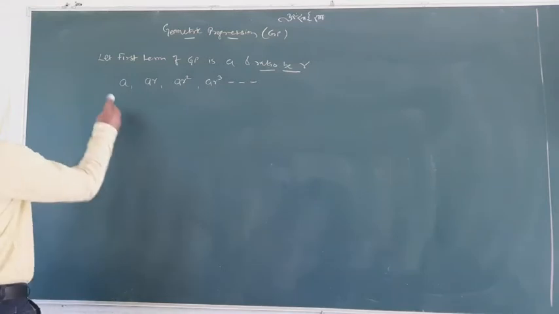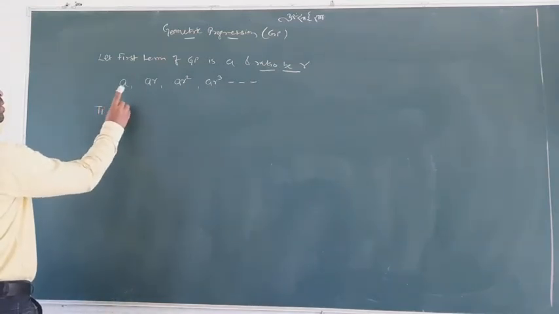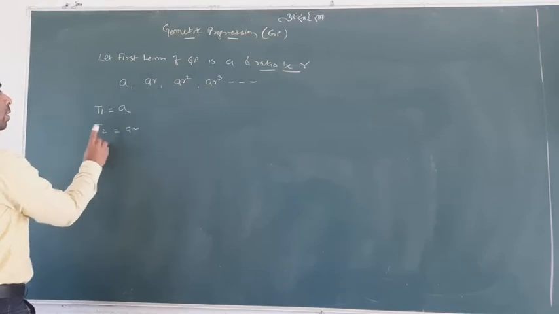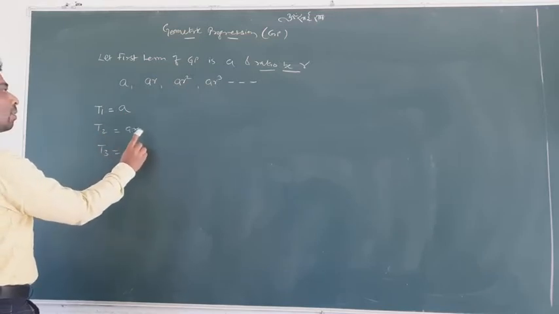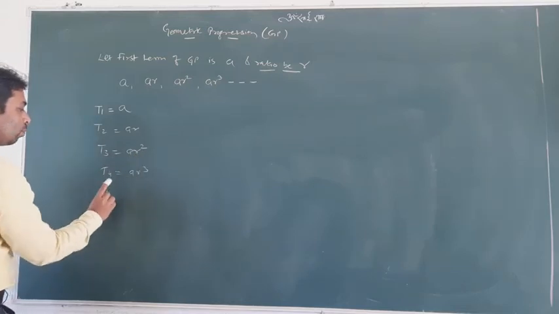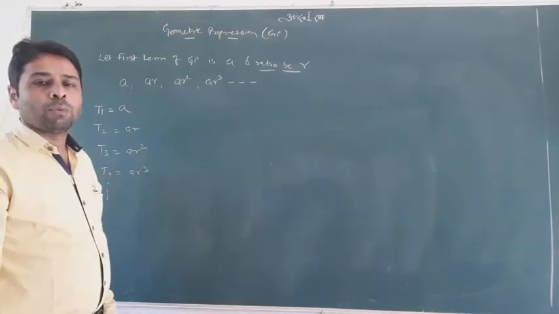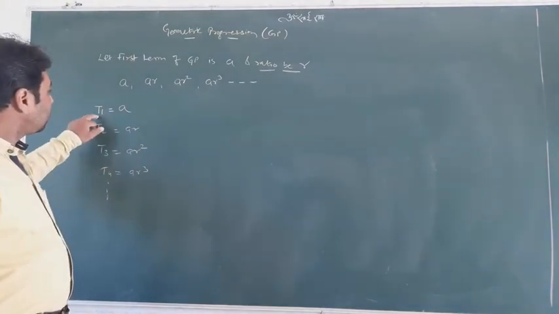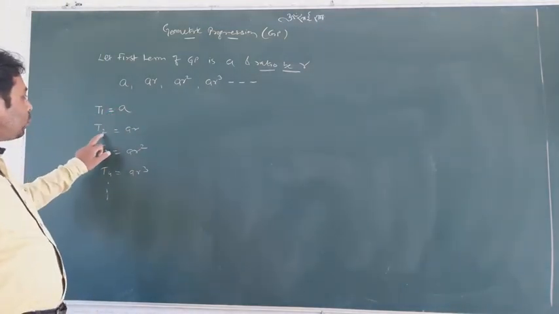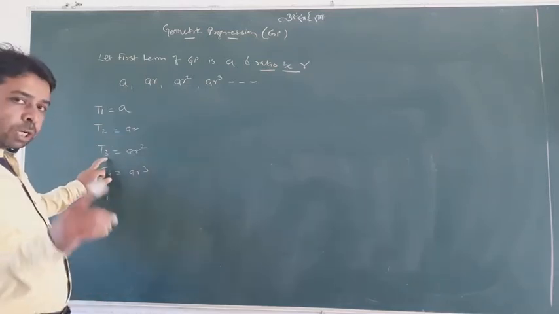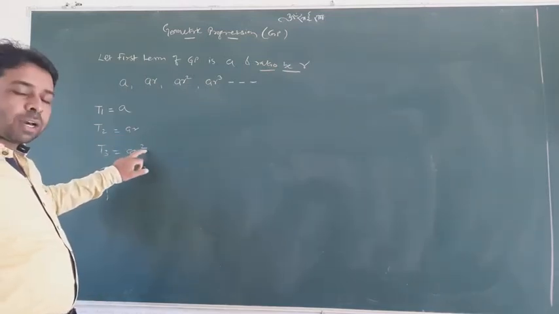Now I would like to tell you something. This is the first term a, the second term is a into r, the third term is ar squared. The fourth term is ar cubed. What you have noticed here is that T1 is equal to a, T2 is ar, T3 is ar squared. For the third term, the power of r is 1 less.